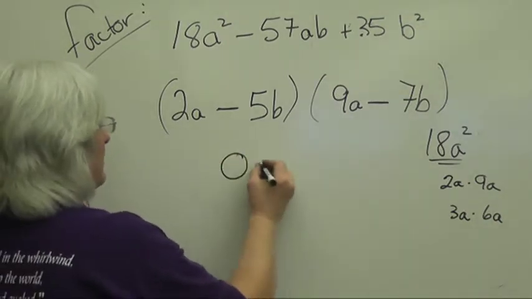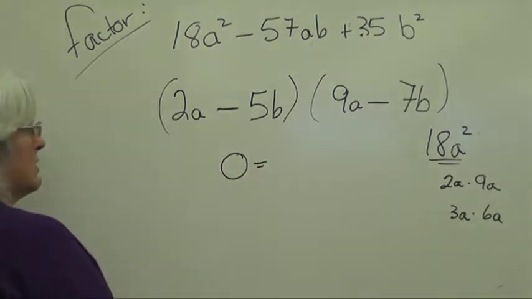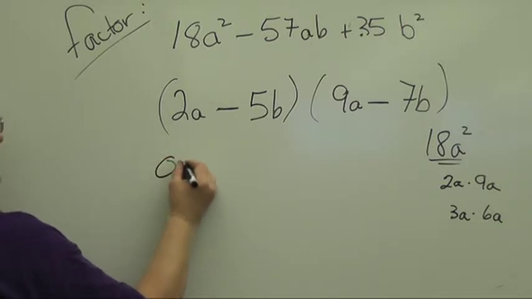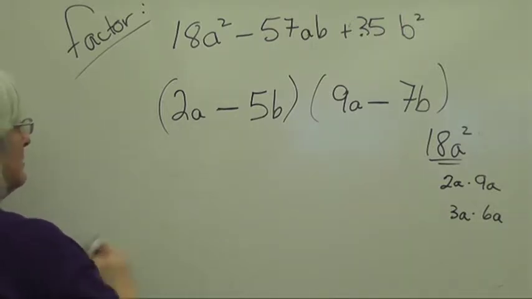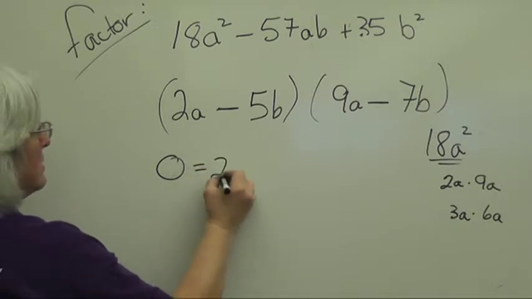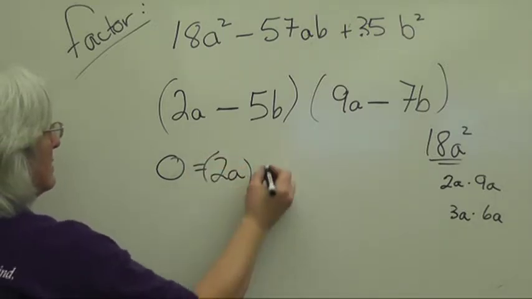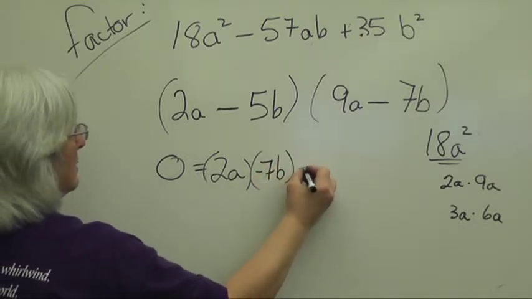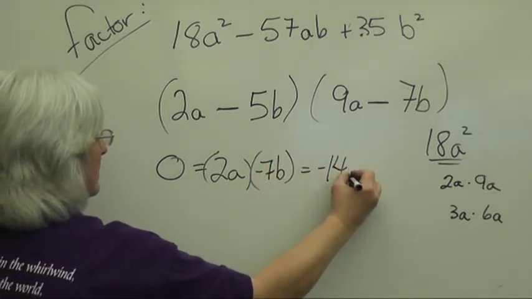Now all we have to do is see what our outer products are. Our outer product is 2a times negative 7b, which is negative 14ab.